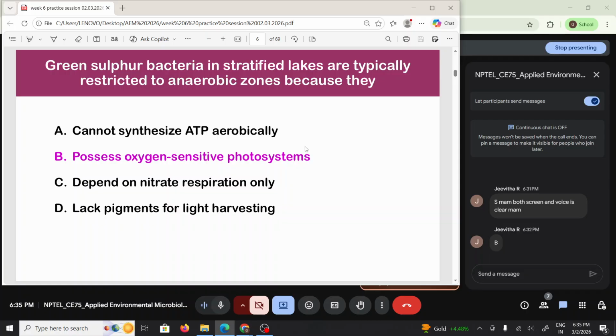But the process that green sulfur bacteria do is an anoxygenic photosynthesis, where they do not produce oxygen as a byproduct, because reduced sulfur compounds, like sulfides, are required for green sulfur bacteria growth, right? So this sulfide, they utilize the sulfur and water as well.